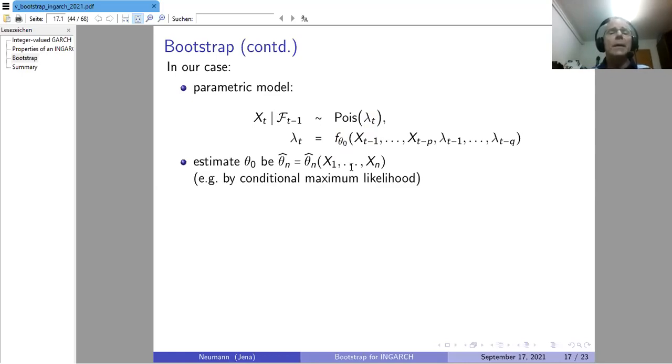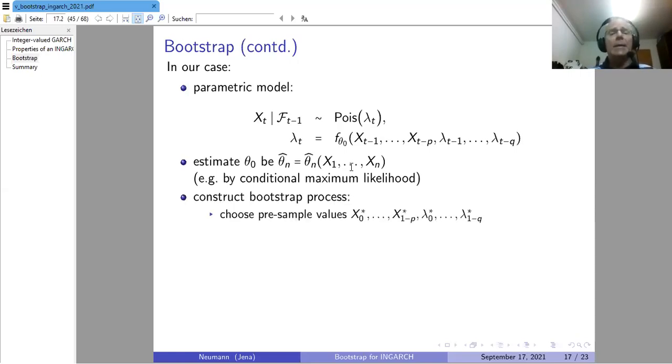We assume that theta 0 is estimated by an appropriate estimator. For example, in this case, we can use conditional maximum likelihood. And now we can construct our bootstrap process. We choose any pre-sample values, and then we act iteratively.